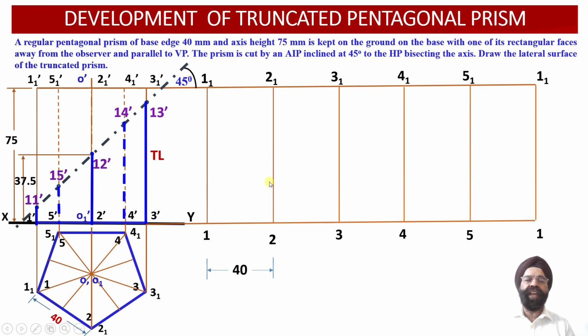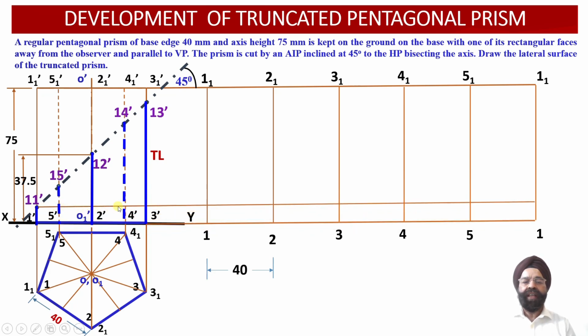Another thing we need to remember: all the vertical edges of the pentagonal prism, as they are represented in the elevation projection view, represent the true length of the vertical edges. So now, from point 11 dash, we are going to draw a horizontal projector line.